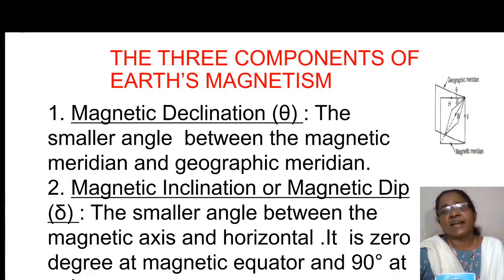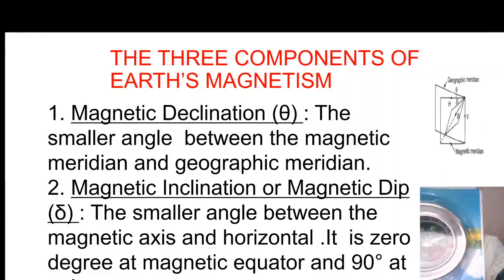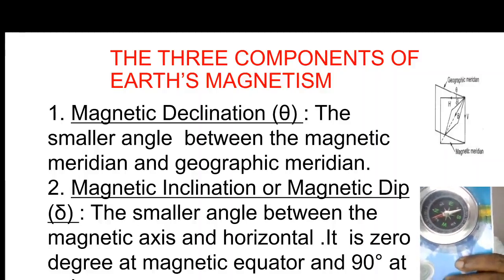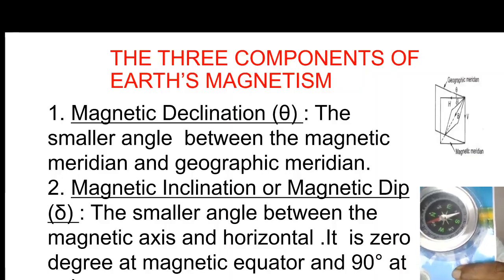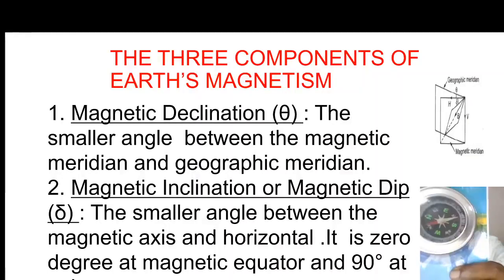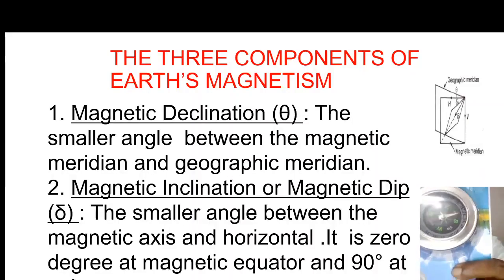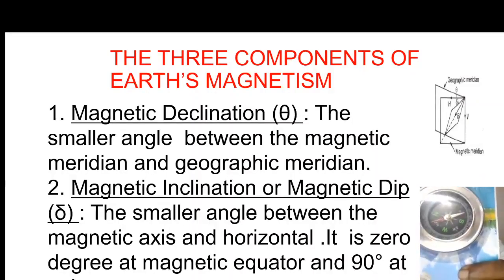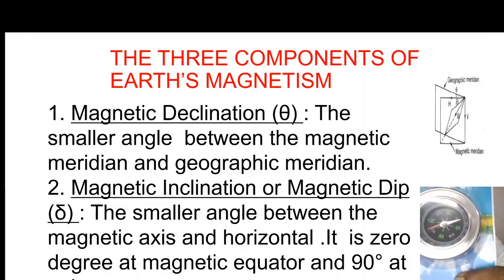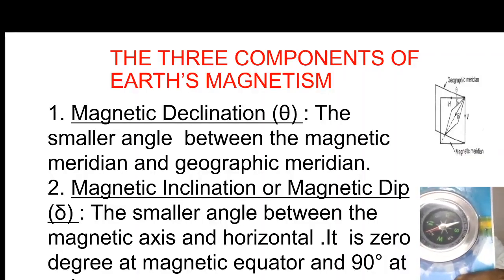This dip angle can be measured by an instrument known as a dip circle. It is nothing but a compass needle which is free to rotate in a vertical circle. You are familiar with a compass needle. Here you can see it is placed vertically. So this needle is free to rotate in a vertical plane. Now if you take this dip circle to the equator, this needle will be directed parallel to the equator.